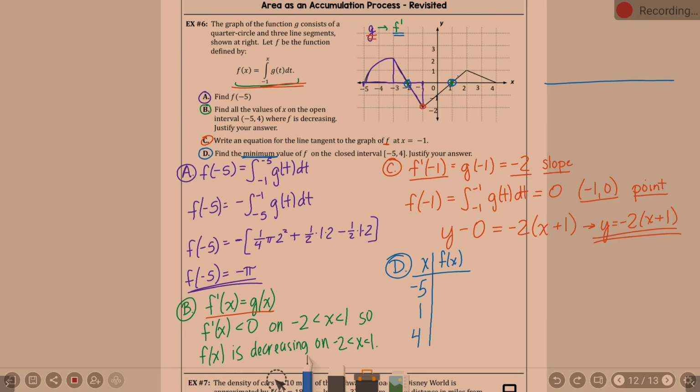Think about it this way: from -5 to -2, my graph is positive. From -2 to 1, my graph is negative. From 1 to 4, my graph is positive. That was my derivative, so my original graph is increasing, decreasing, increasing. So we want to use 1. But -2 would be a possible max, so we don't need to use -2.